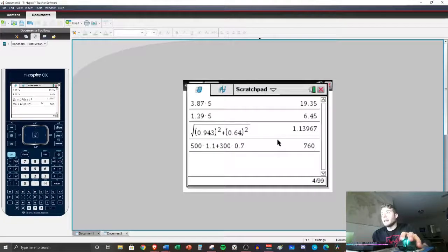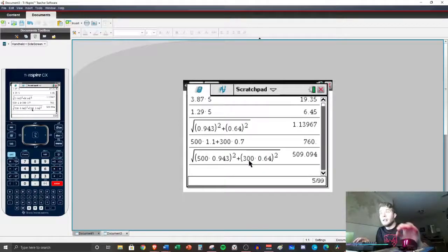So let's see what we get from that. I'm going to go back up and copy this. Let's do 500 times that, and then 300 times that.